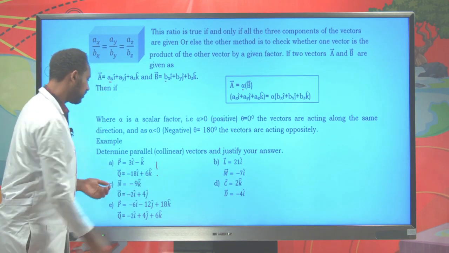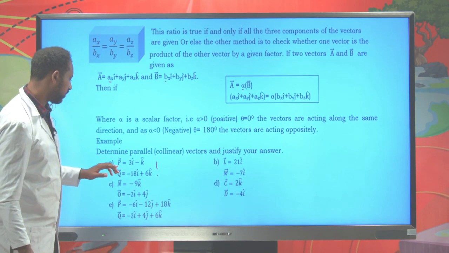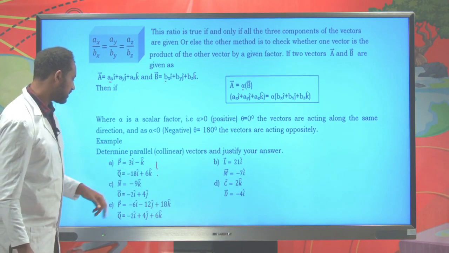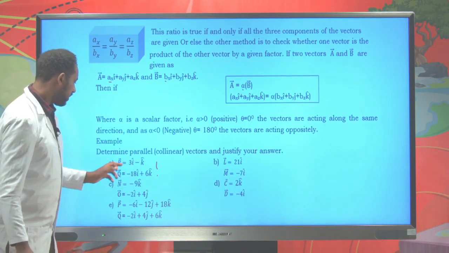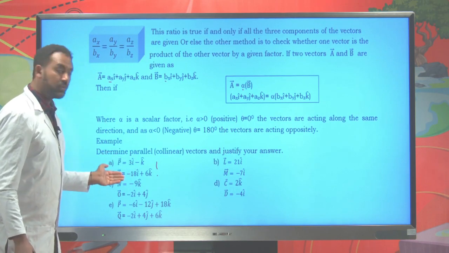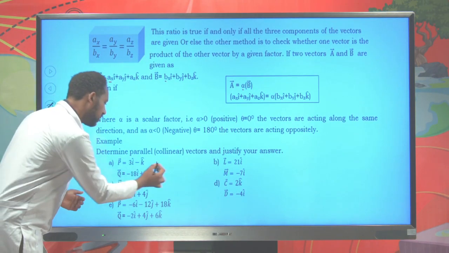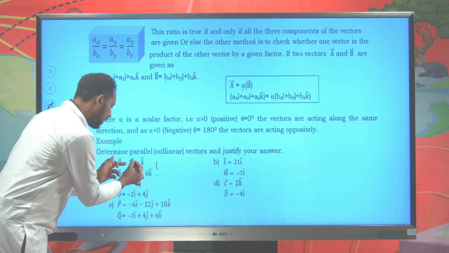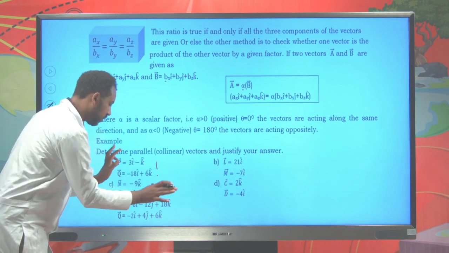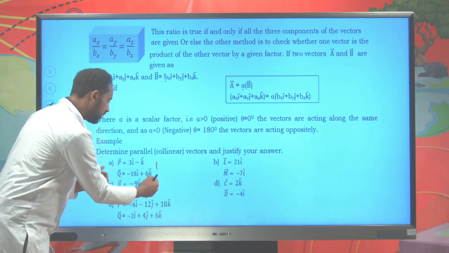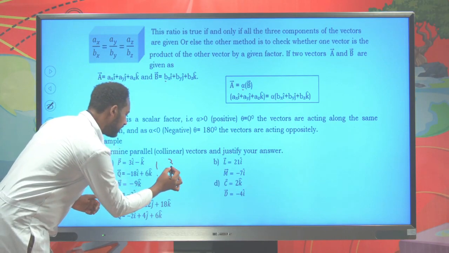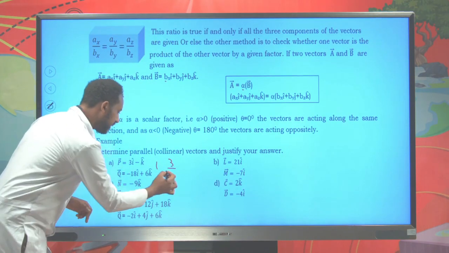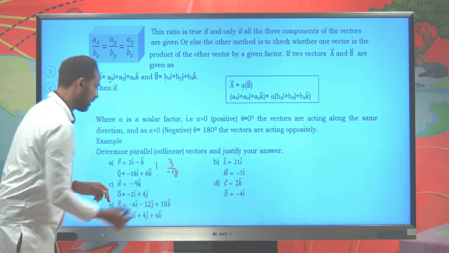Here you have two vectors, let's say p and q: 3 in the i minus k. To check whether these two vectors are parallel or not, you compare the i component with i; there is no j component, okay? And the k component with k. Therefore, 3 divided by minus 18, okay?